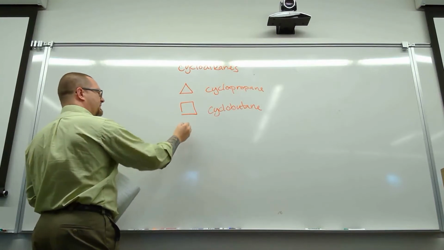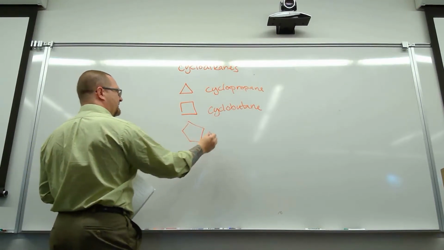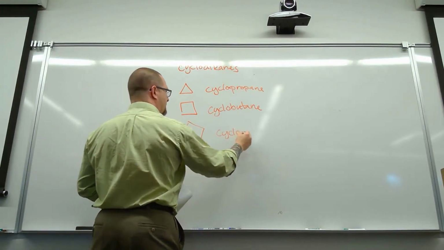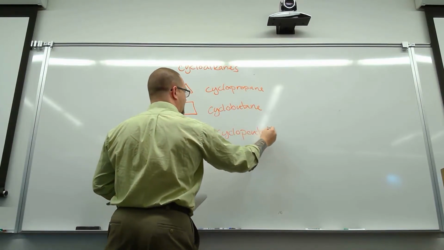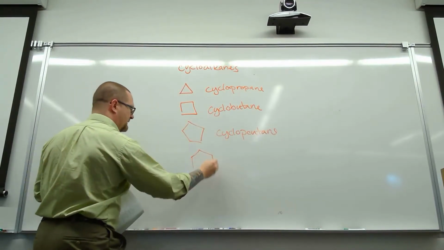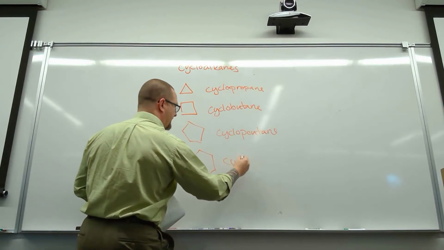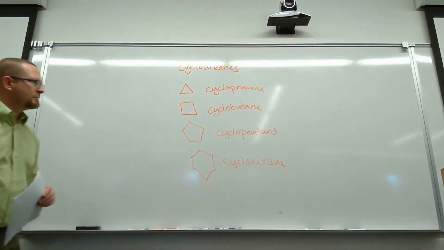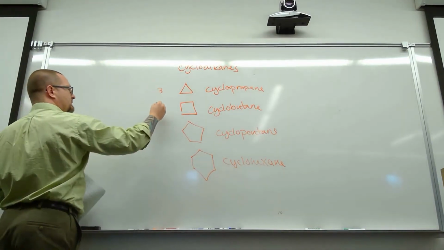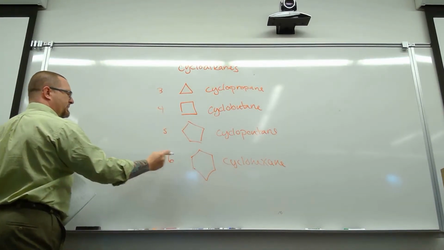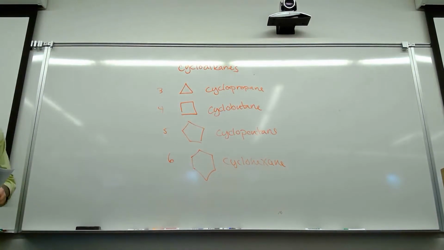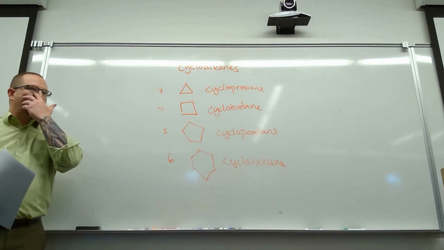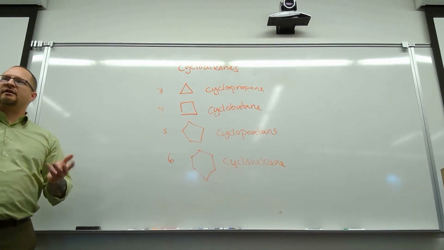And then we've got our 5-membered rings, cyclopentane, and then we've got our 6-membered ring, cyclohexane. And you can get larger ring structures, but as we get larger ring structures, they get a lot more flexible and they're a lot less common.